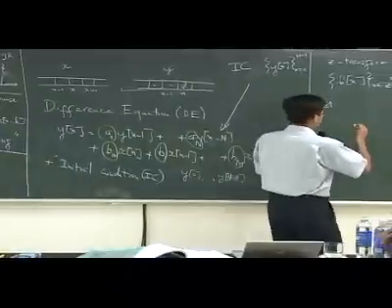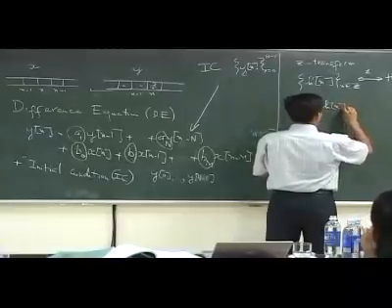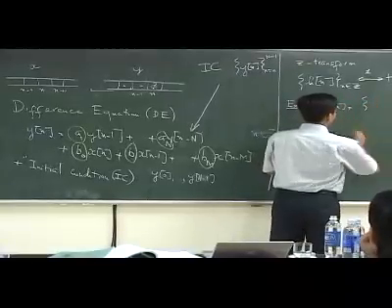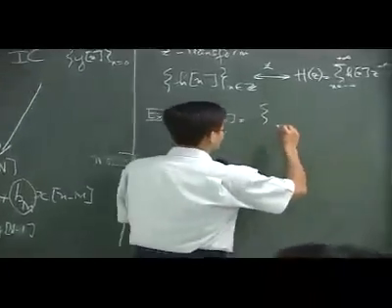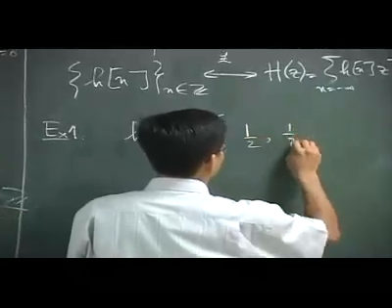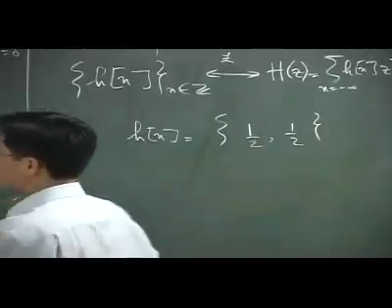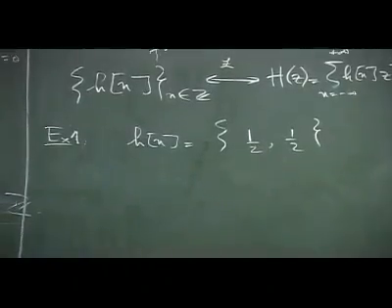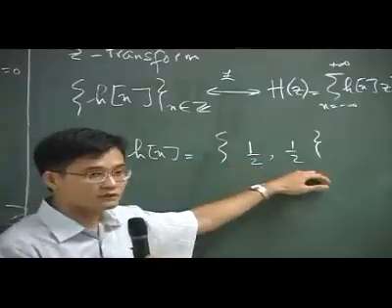If I have, for example, h of n equal to, okay, I'm using this notation now, it is a sequence. When I write a sequence, maybe I write, let's say, 1 over 2, 1 over 2. So I write the h here as a sequence of 1 over 2, 1 over 2.